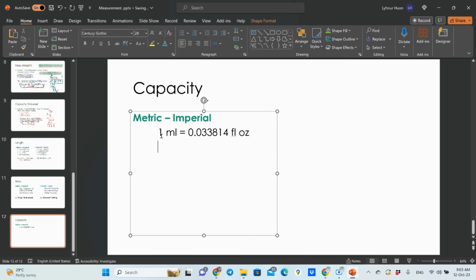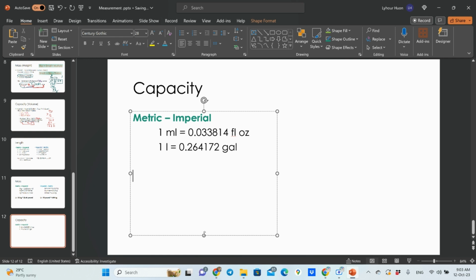And 1 liter equals 0.264172 gallons. My life would be so much easier if America just switched to metric. Yeah.